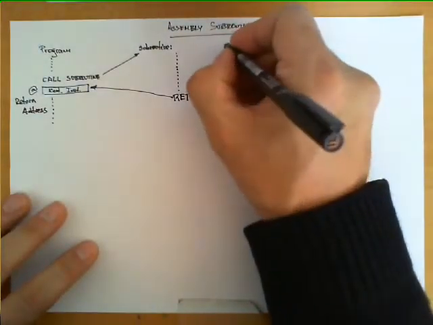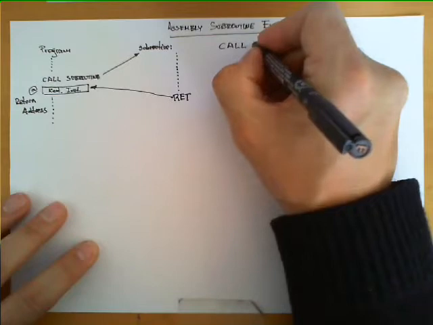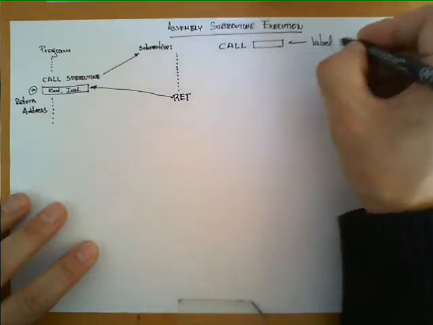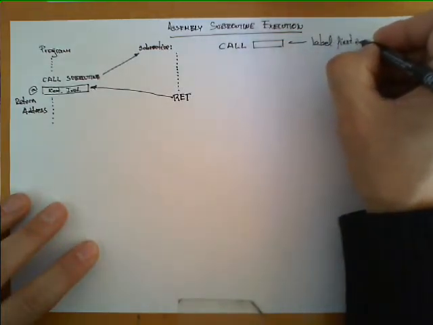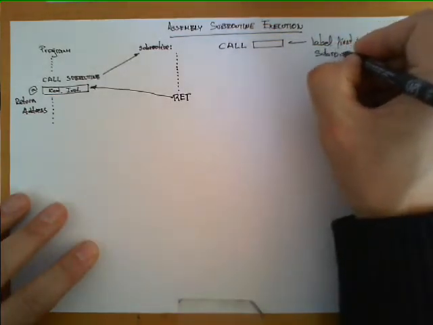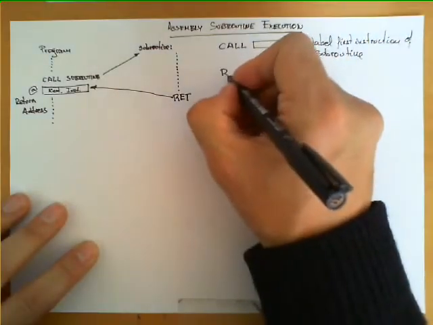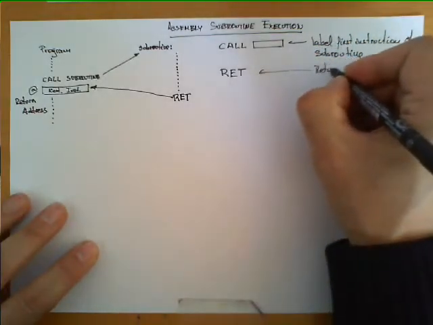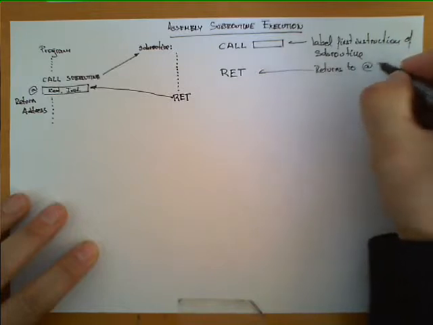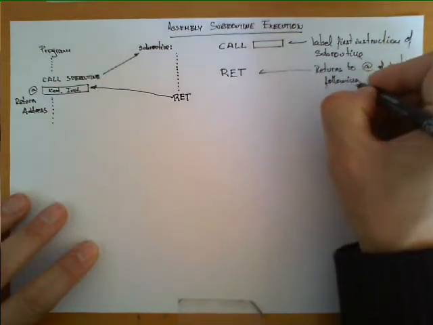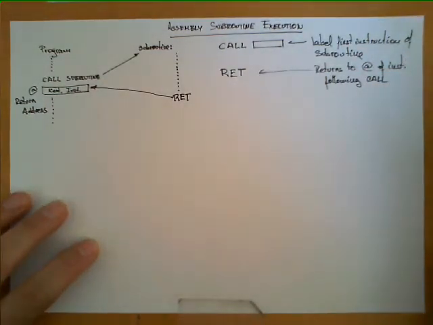So the two instructions that are required to implement these mechanisms are call with a label, and this label has to be the first instruction of the subroutine, and the second instruction we have seen that closes this loop is ret, which returns to the address of the instruction following call.